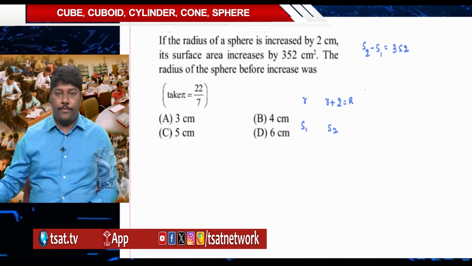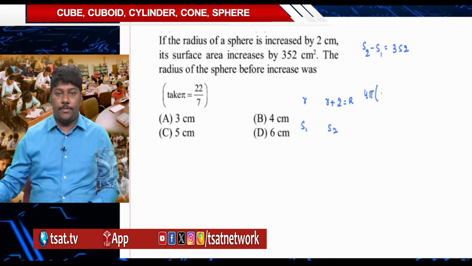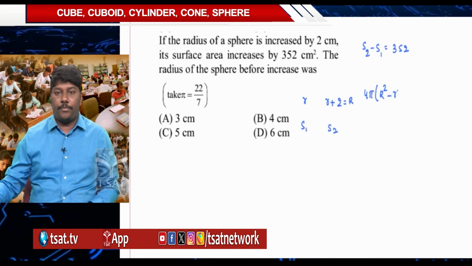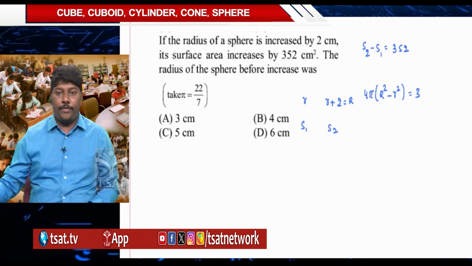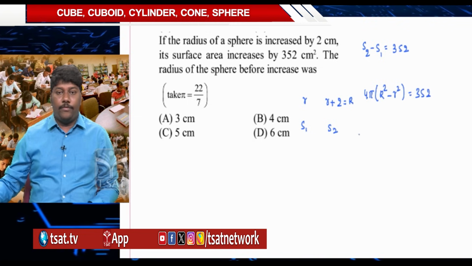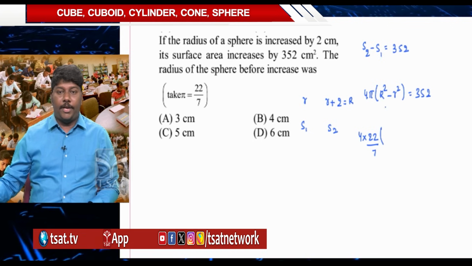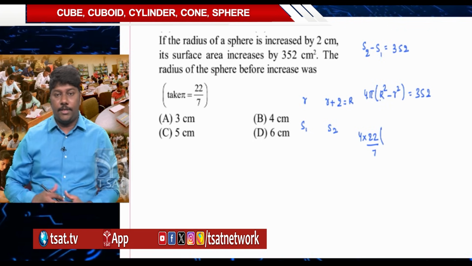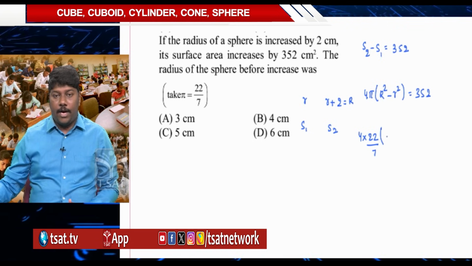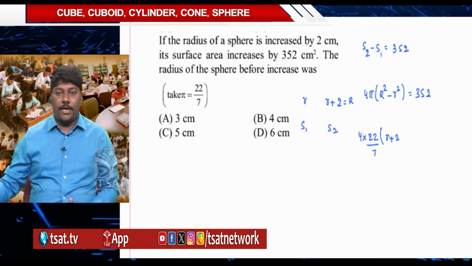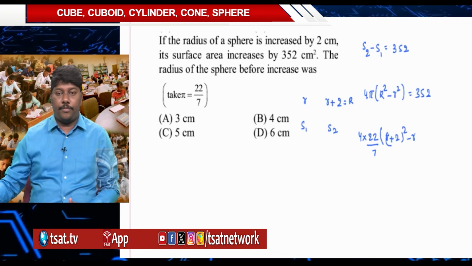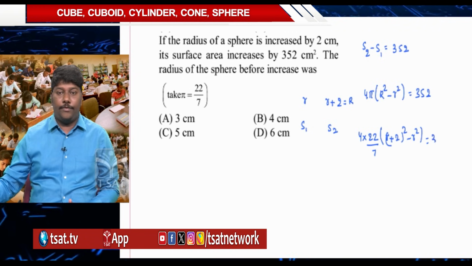So S2 minus S1 is 4 pi capital R square minus small r square is equal to 352. 4 into 22 by 7. Capital R square minus small r square you can write as r plus 2 whole square minus r square is equal to 352.